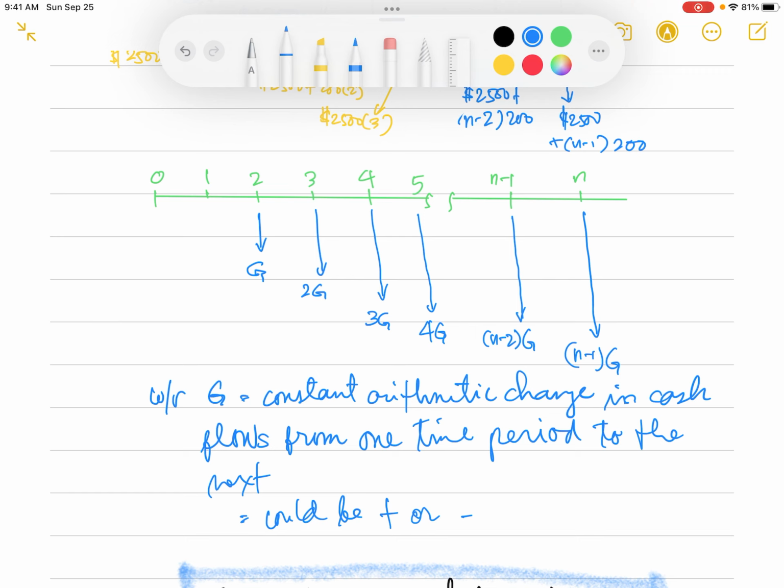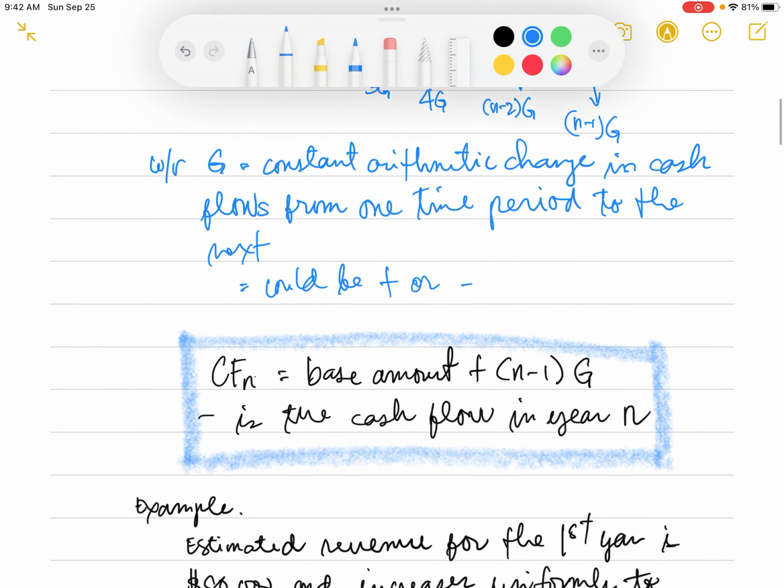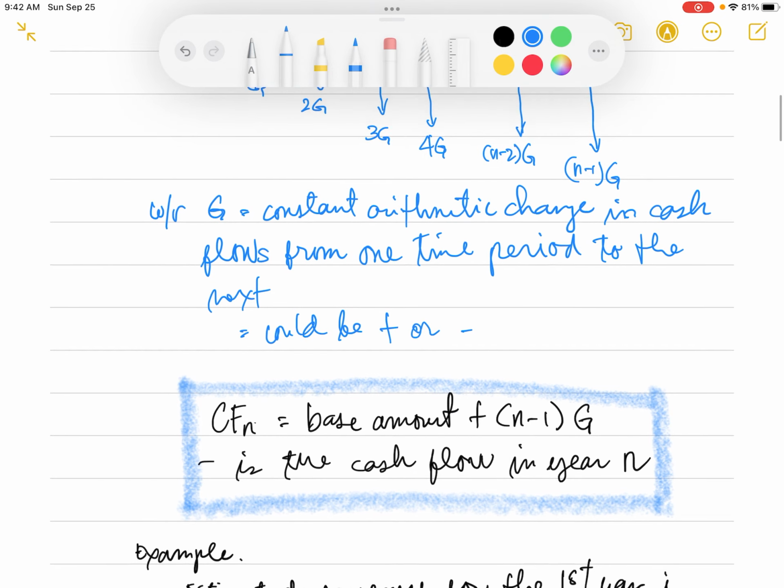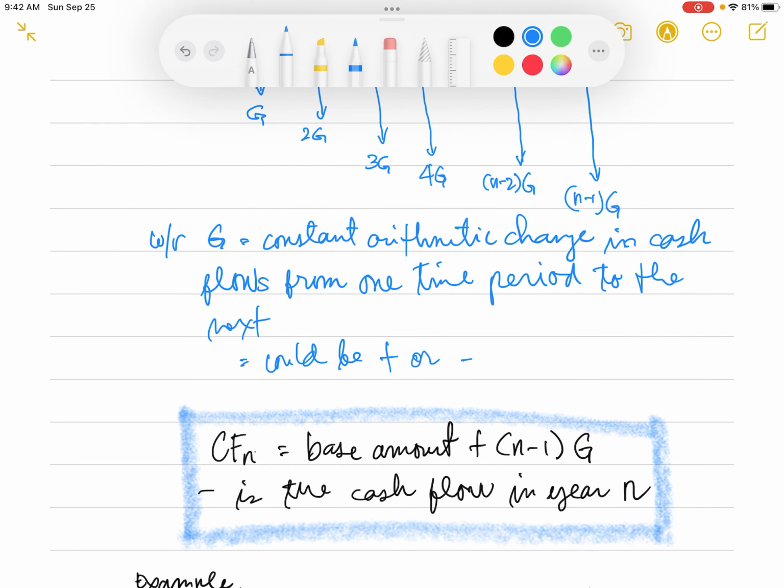Again, G is the constant arithmetic change in cash flows from one time period to the next. It could be positive or negative, so you can have it as a withdrawal, a deposit, an earning, or a cost. It's either a negative or positive number. And we can denote the cash flow at that particular period.